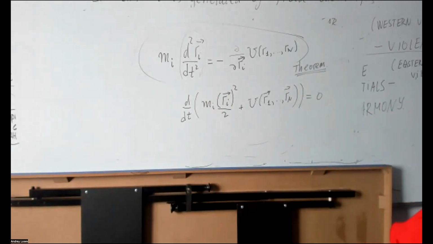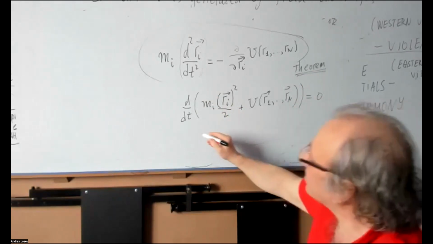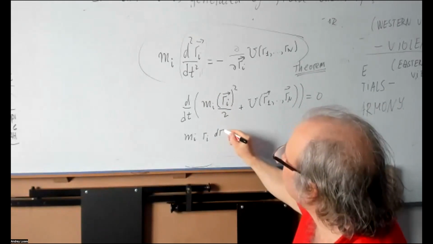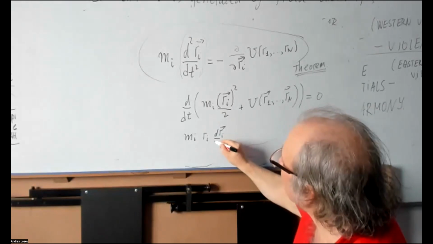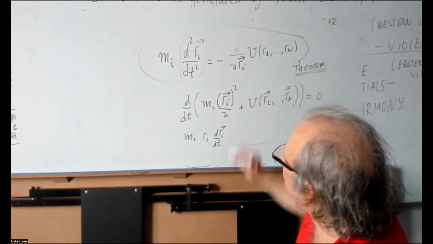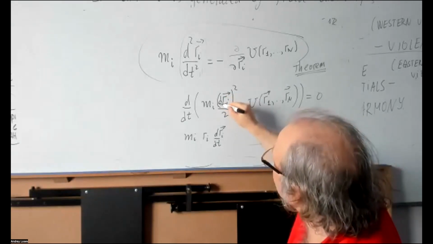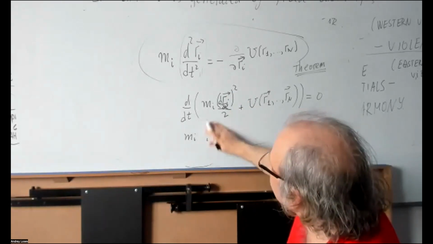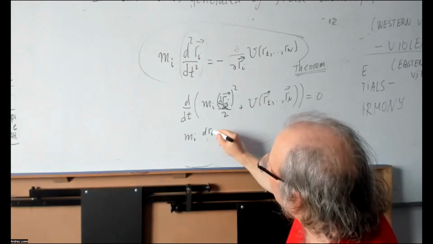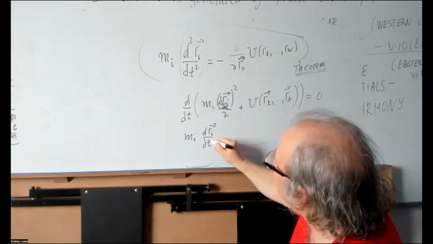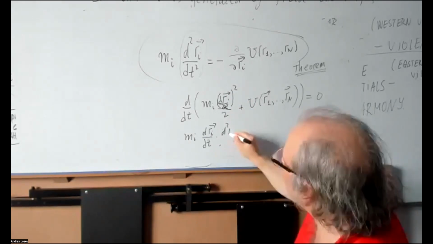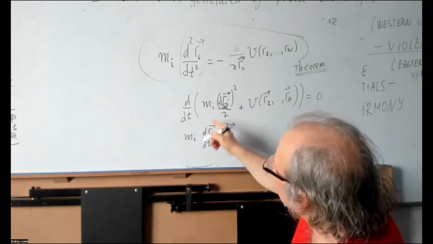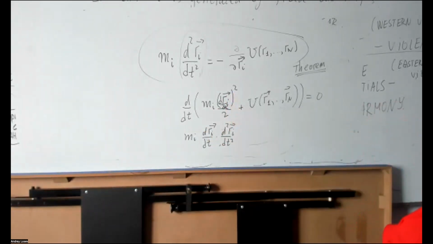How can I prove it? Let me differentiate. Here I will have m_i r_i-dot times d over dt of dr_i over dt, that is the second derivative d2 r_i over dt squared. And the 2 goes away because of the first square.